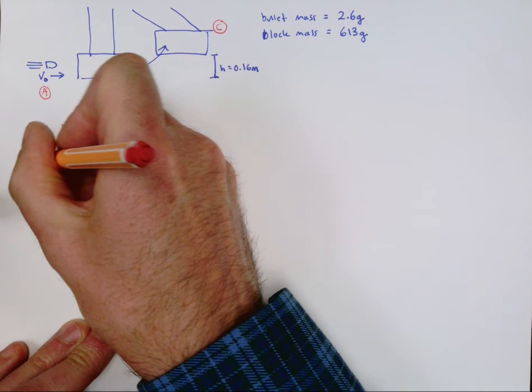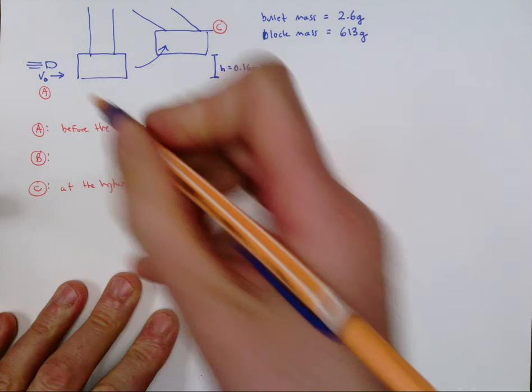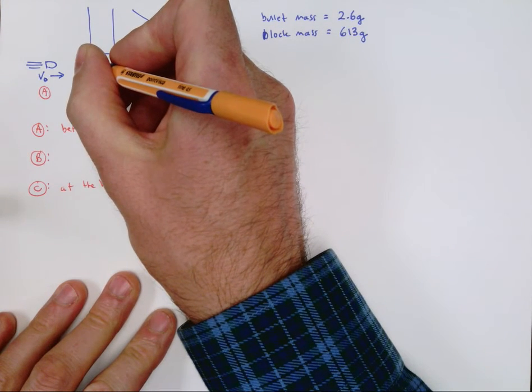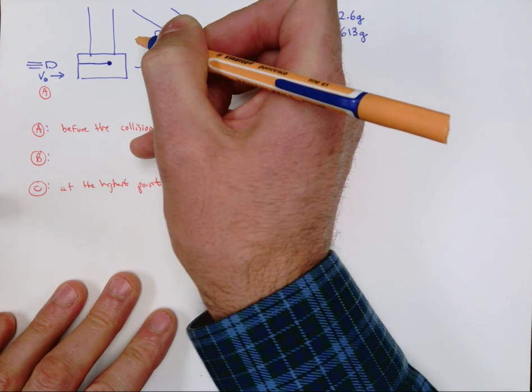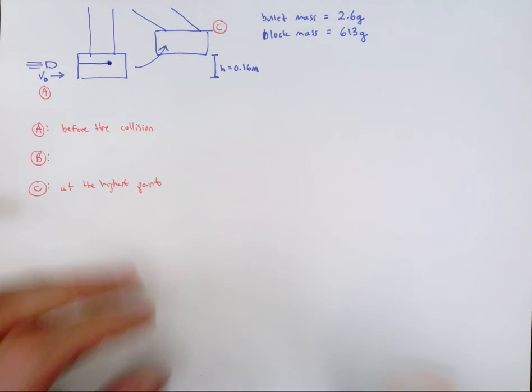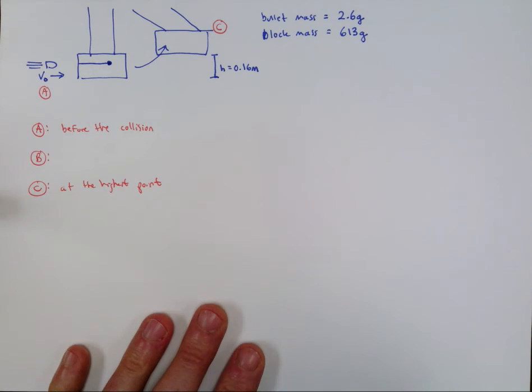And then what's B? Well, it's really important to understand what B is. What happens here is the bullet sort of penetrates into this block, and eventually the bullet comes to a stop within this block. And that happens extremely quickly. And so B is the exact moment that the bullet comes to a stop relative to the block.